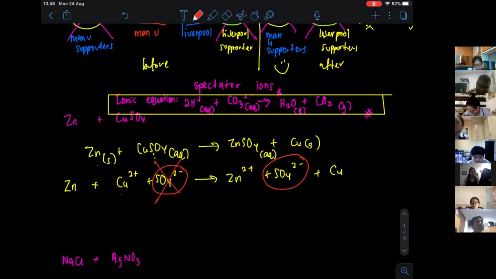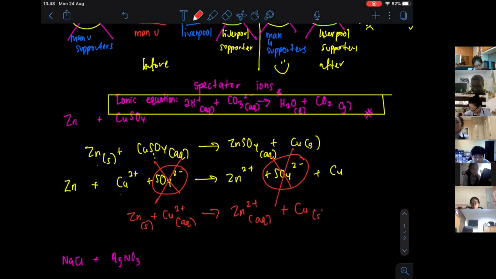We cancel the spectator ions. So you are going to have zinc plus copper 2 plus to give you zinc 2 plus and then copper. This is solid, this is aqueous, this is aqueous, and this is solid. So this is going to be your ionic equation.